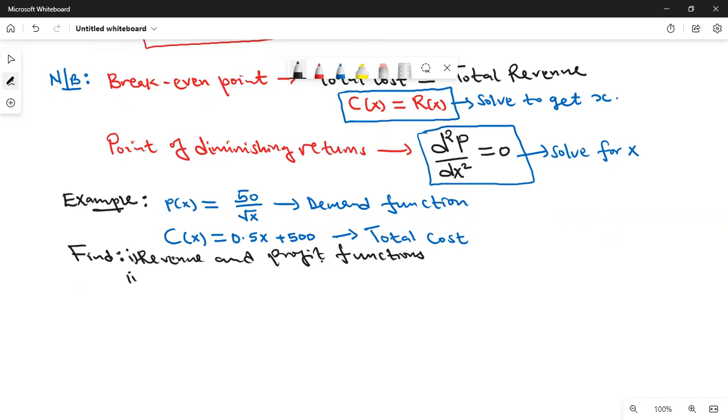Roman 2, we need to find the price per unit that will yield maximum profit.